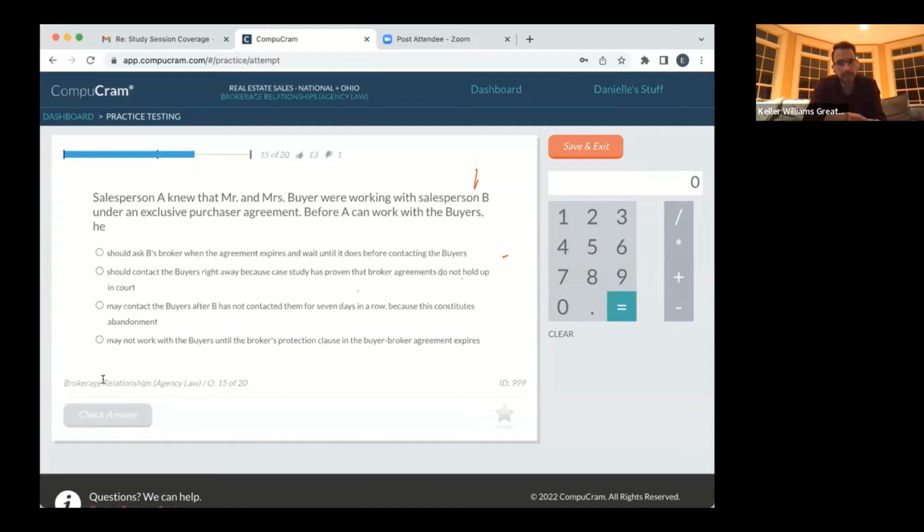B should contact the buyers right away because case study has proven that the broker agreements do not hold up in court. C, may contact the buyers after B has not contacted them for 7 days in a row because this constitutes abandonment. Or D, may not work with the buyers until the broker's protection clause in the buyer's broker agreement expires.